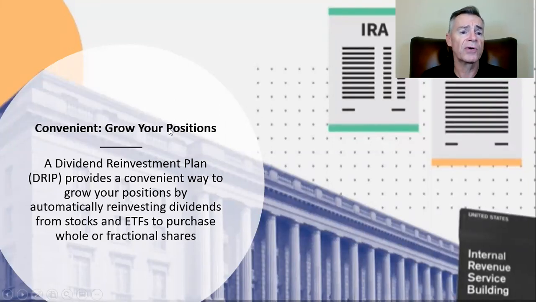Why do we do this at all? Well, dividends are a convenient way to grow your positions if you enroll in a dividend reinvestment plan, which is a DRIP. It's a convenient way to grow your positions because you are automatically reinvesting dividends from stocks and ETFs to purchase more stocks, in other words, whole or fractional shares.